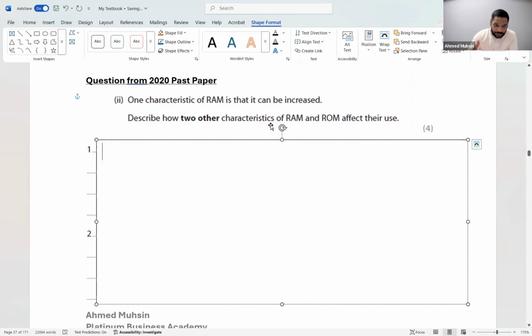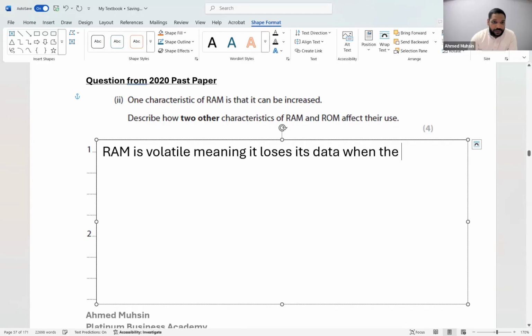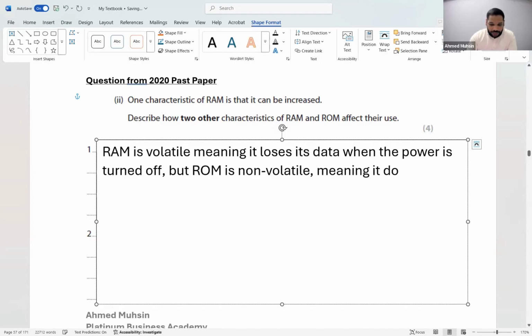RAM is volatile, meaning what? It loses its data when the power is turned off. But ROM, everyone, we are noting this down together, is non-volatile, meaning it does not lose any data when the power is turned off.